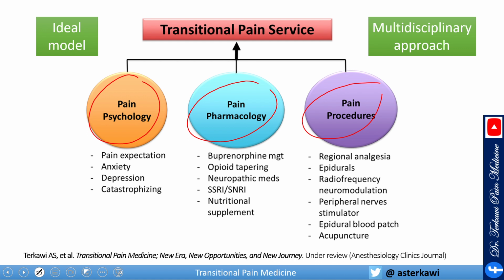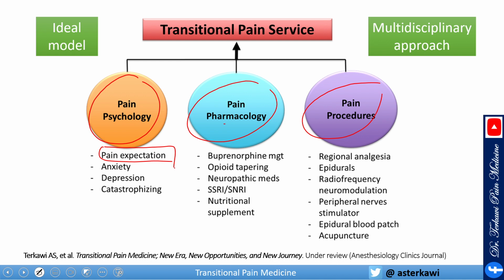Pain psychology will specifically provide support and education for patients with anxiety, depression, and catastrophizing. Pain expectation is a big thing, which the surgeon, the anesthesiologist, and the team need to work on.